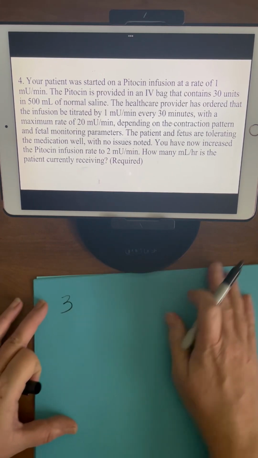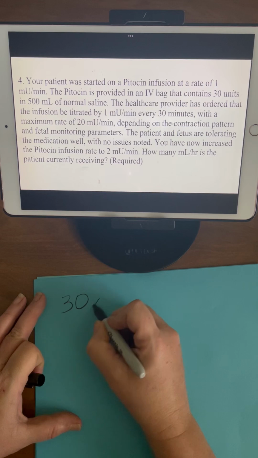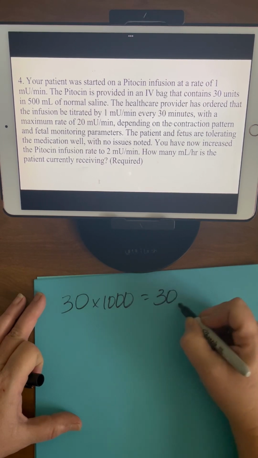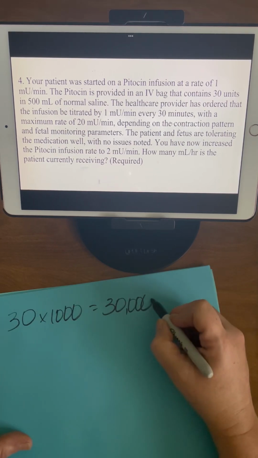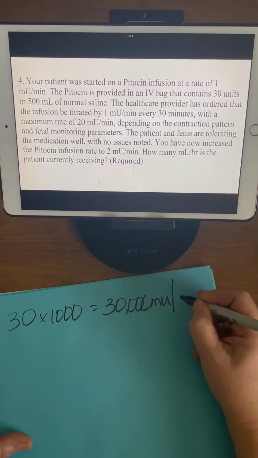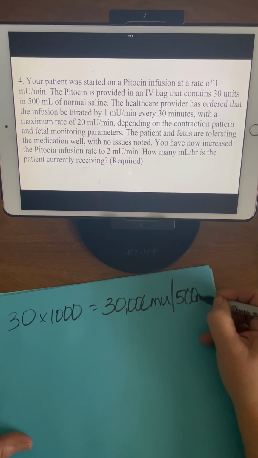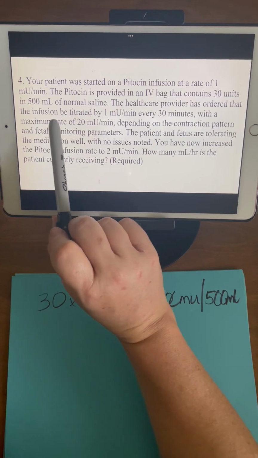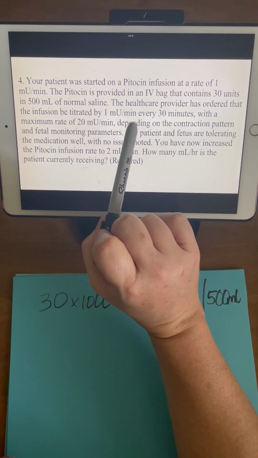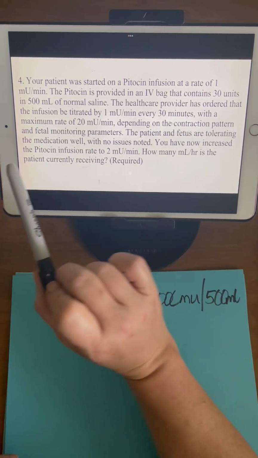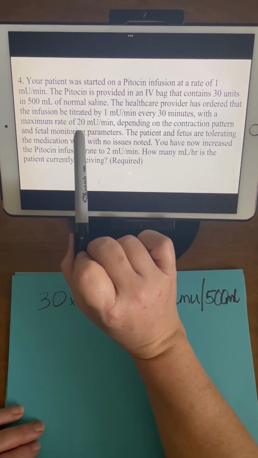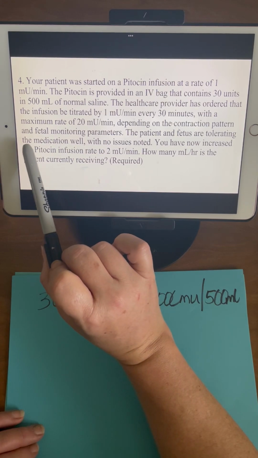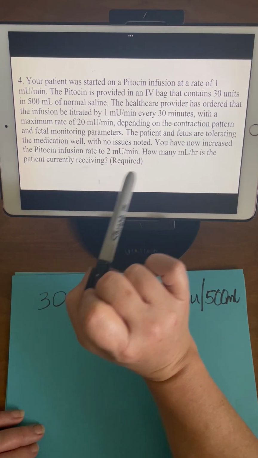So look, we know 30 units times 1,000 milliunits is going to be 30,000 milliunits. And that's in 500 milliliters. The healthcare provider has ordered that the infusion be titrated by 1 milliunit per minute every 30 minutes with a maximum rate of 20 milliunits per minute, depending on the contraction pattern and the fetal monitor parameters.